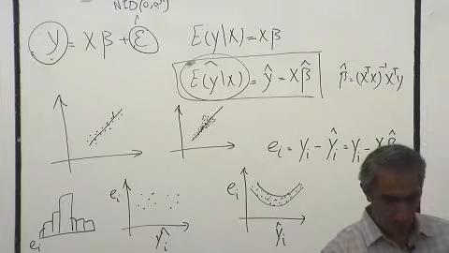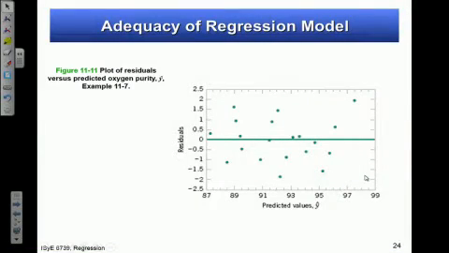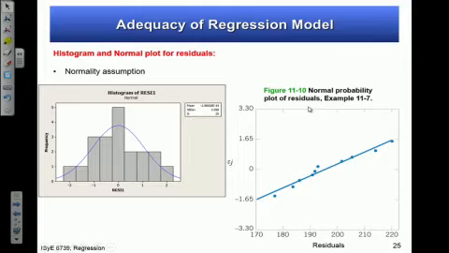Okay. So here is the example that we had. You can see this is residual versus predicted values. It's pretty much constant variance and no non-random pattern. So the independency assumption and constant variance assumption are valid. For normality, we do a histogram or normal probability plot, which you will learn later.